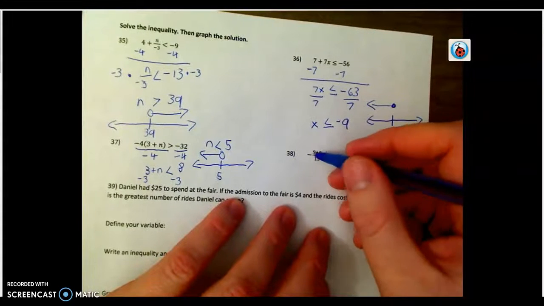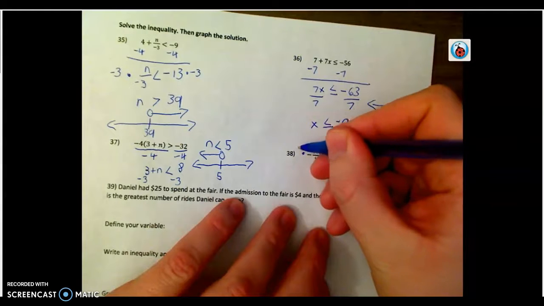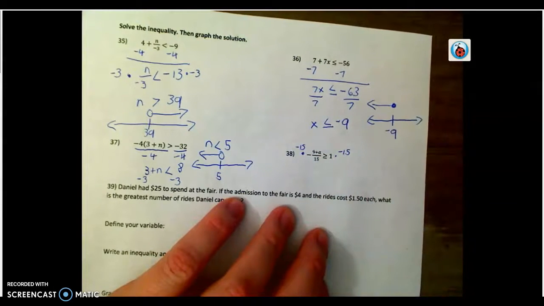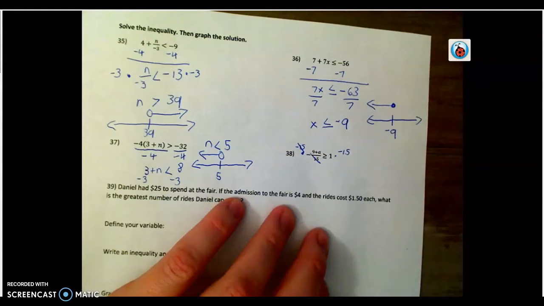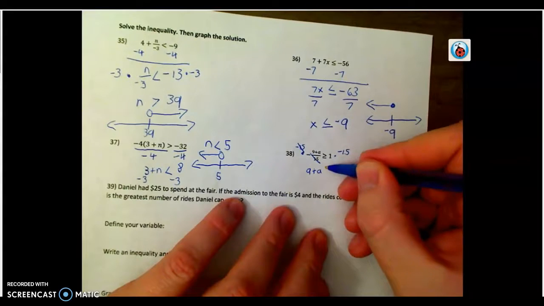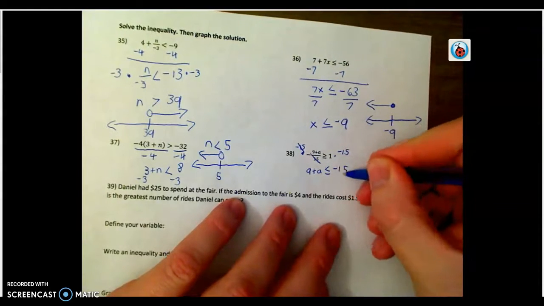38, our first step is to get rid of this divide by 15. So I'm going to start by multiplying both sides by negative 15. The reason we do that is this and this will go away. So I'll be left with 9 plus a is less than or equal to, sign flips because I multiplied by a negative, negative 15.